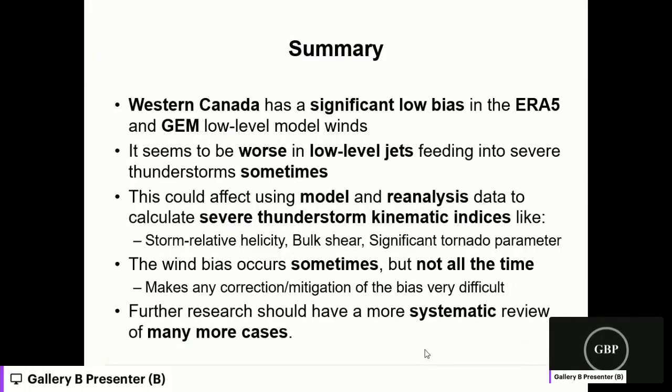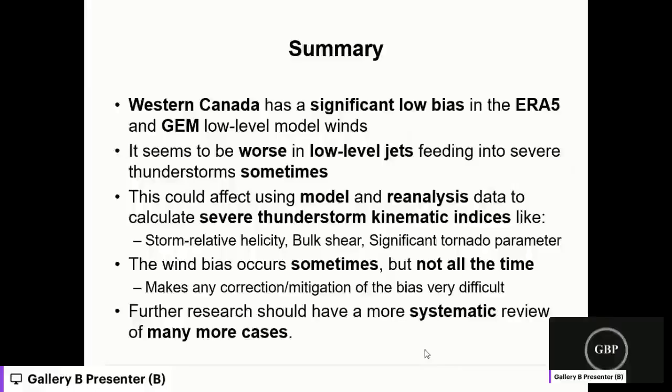It seems to be worse in these low-level jet feeding into thunderstorm situations, sometimes, but not all the time. And the problem with that is that's kind of when we really need to know what it's going to do, because that's when you're sitting there forecasting, when you're trying to make the decision, is it going to be a tornado or not a tornado.